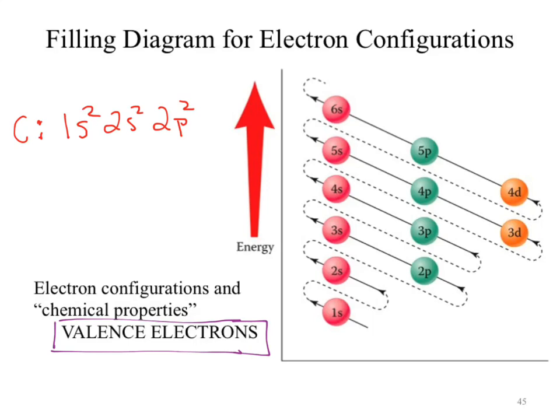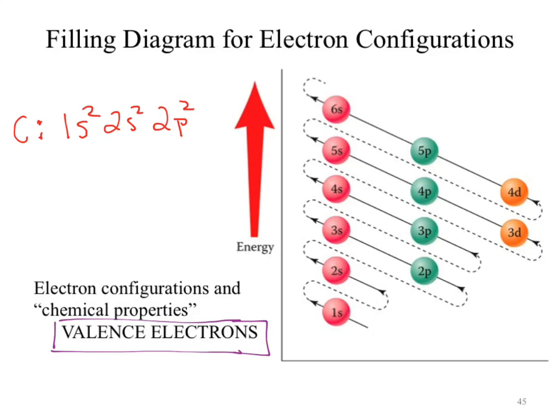Particularly when it comes to bonding. What's going to be the first thing that interacts when you take 2 atoms and you bring them near each other? The electrons, and it's going to be the highest energy electrons because they're the furthest away. So when we're talking about bonding, we are very often going to make reference to valence electrons because those are the electrons that are most likely involved in bonding.